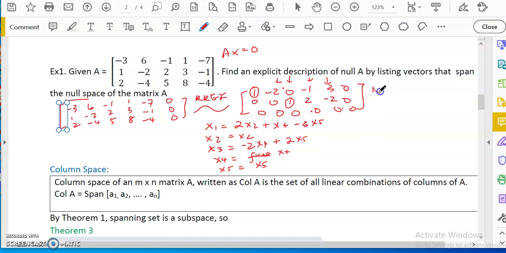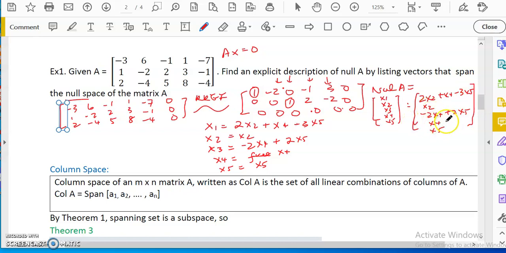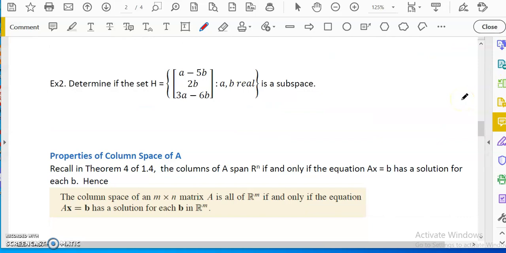Nul A is the set of vectors x1, x2, x3, x4, x5 such that x1 is 2 x2 plus x4 minus 3 x5, and then x2 is x2, x3 is negative 2 x4 plus 2 x5, and then x4 is x4 and x5 is x5, where the free variables x2, x4, x5 are any real numbers, right?